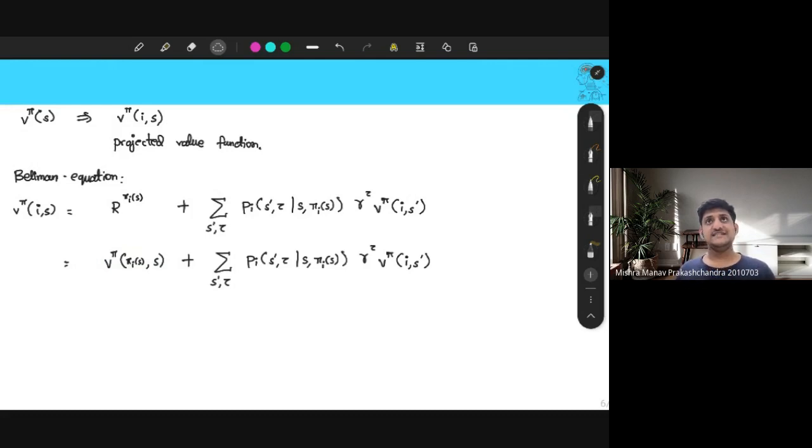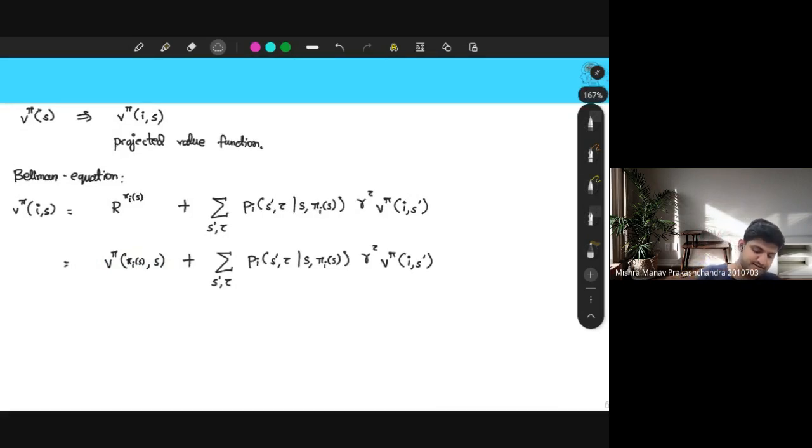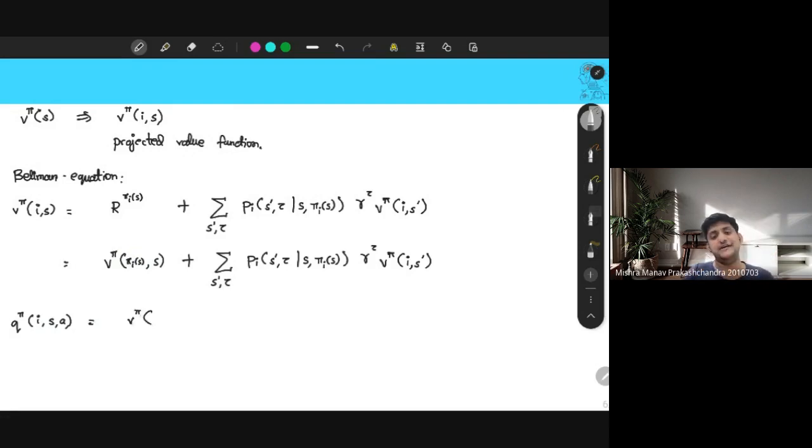Okay, similarly, if I were to define the q function, so what it would look like is q pi for executing the ith subtask given state s and action a. Okay, so this is nothing but the original v pi. Instead of pi_i of s, I have the action which is given to me, right?